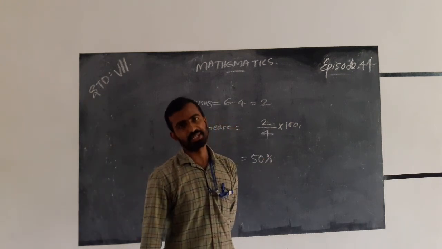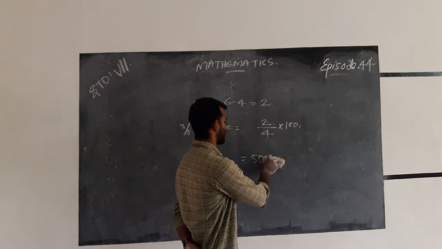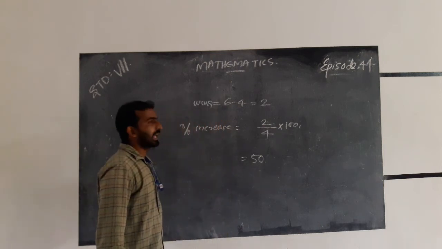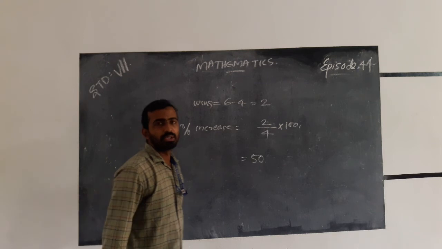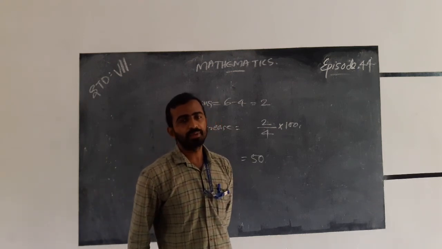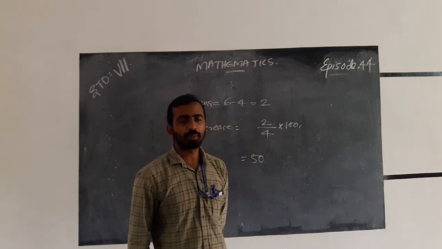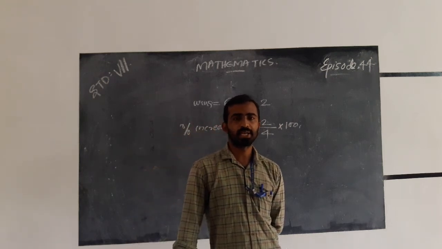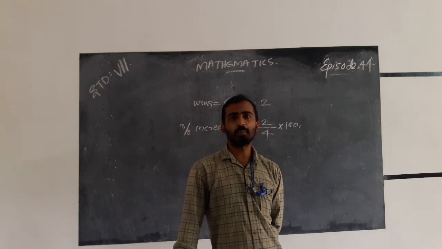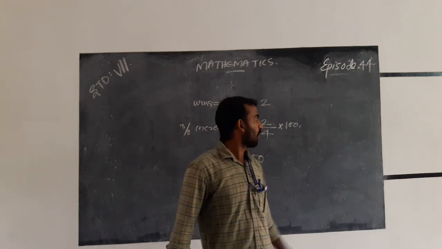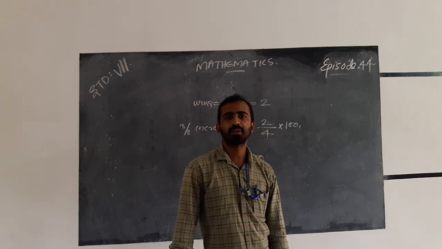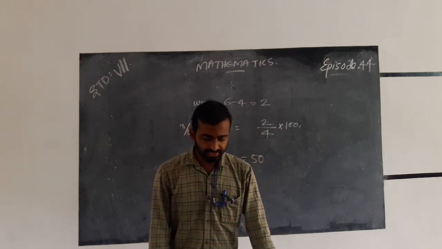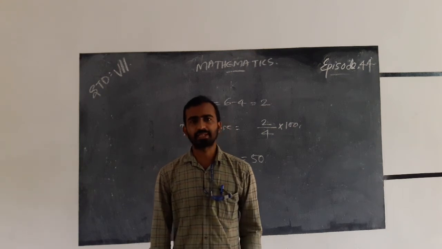That is, the percentage increase is 50. When finding the increasing percentage, it equals changing amount divided by original amount or base into 100. Okay, is it clear? Now here is another example.